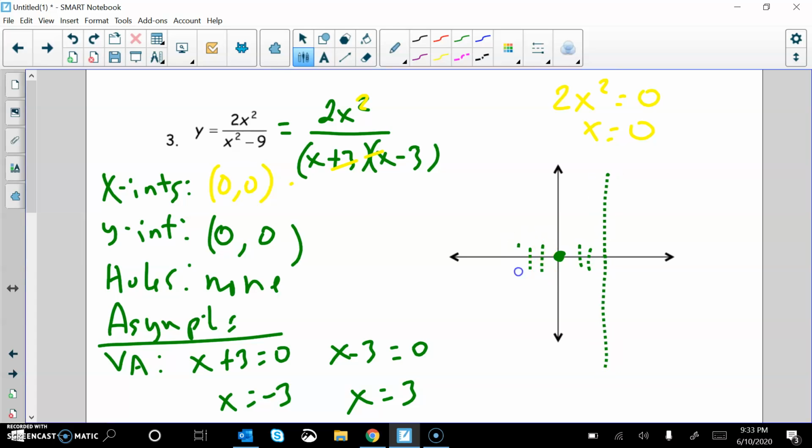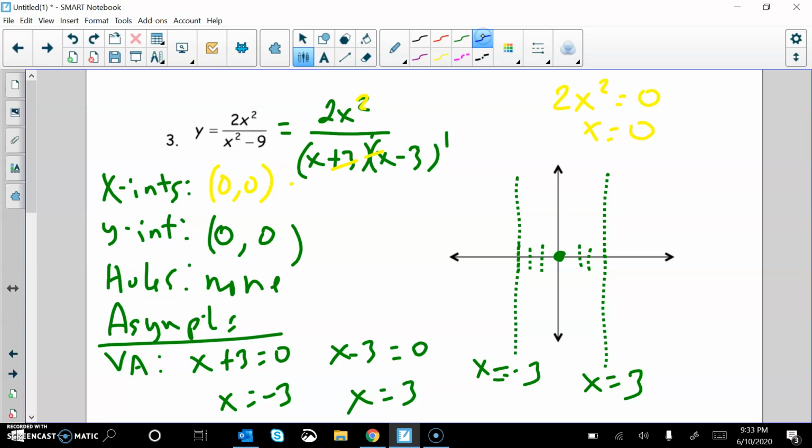So x equal to -3. X equal to 3. These have multiplicity of 1, an odd one. So the graphs will approach them in opposite directions, not in the same. Either like that or the other way, and we'll determine that in a second.